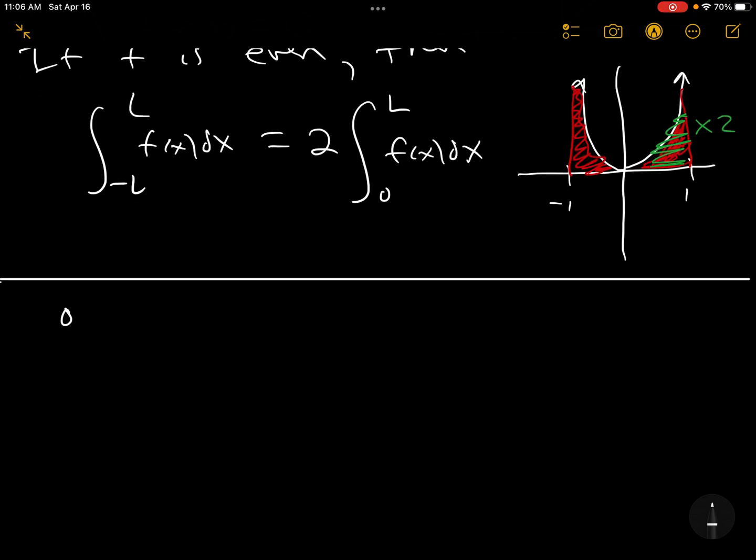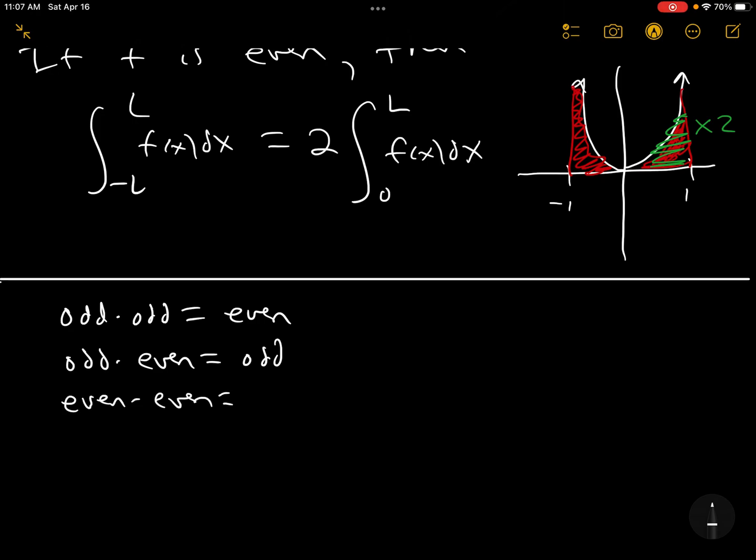And lastly, if you have an odd function times an odd function, it's even. If you have an odd function times an even function, it's odd. And of course, if you have an even times an even, it's even.